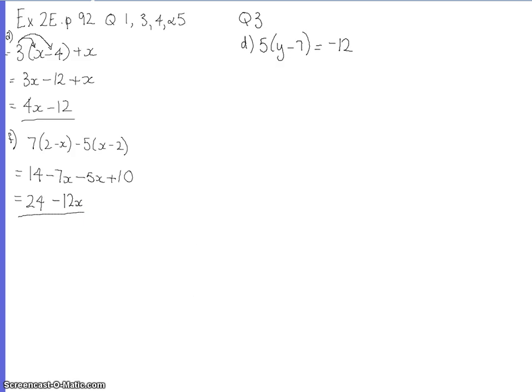Can we check it? So question 3 of 2E, 5y take negative 7 equals negative 12. Remember we multiply everything outside the brackets by that which is inside. What would that leave me with, please, Shayla? 5y.